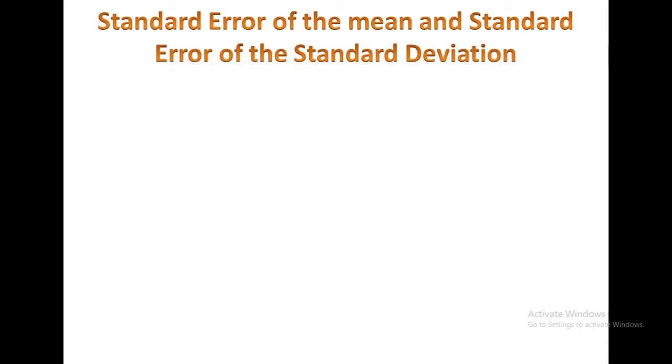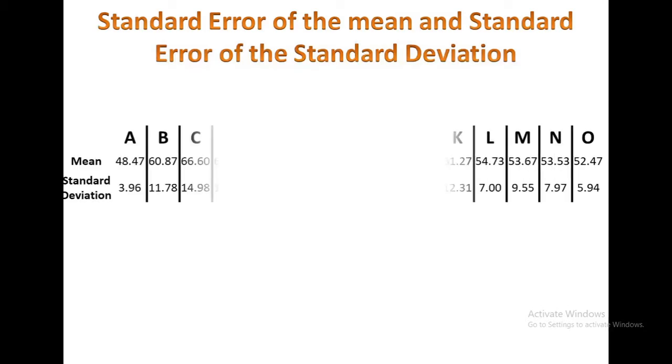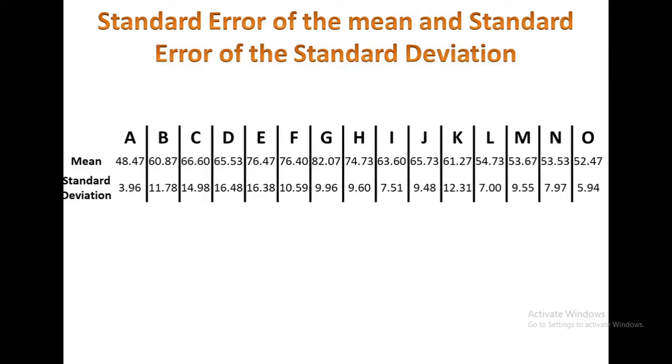Standard error of the mean and standard error of the standard deviation. Like the standard error of the mean, we can calculate the standard error of the standard deviation by taking the standard deviation of standard deviations. For example, let's revisit the leaf length experiment, where we have a data set of 15 samples of 15 different leaves each time.